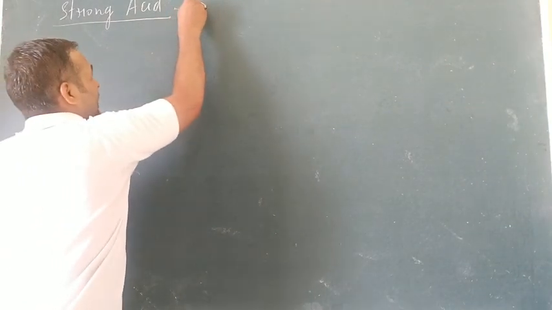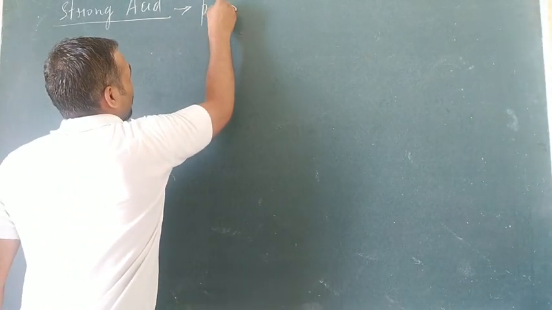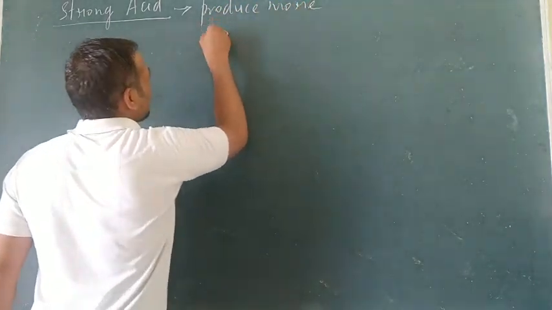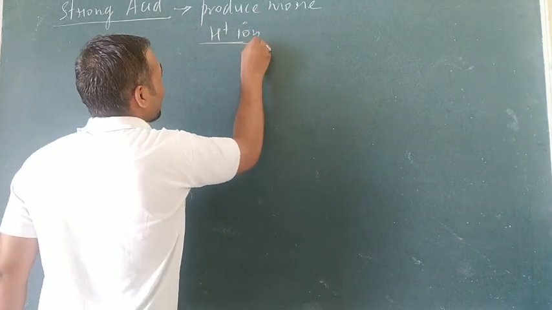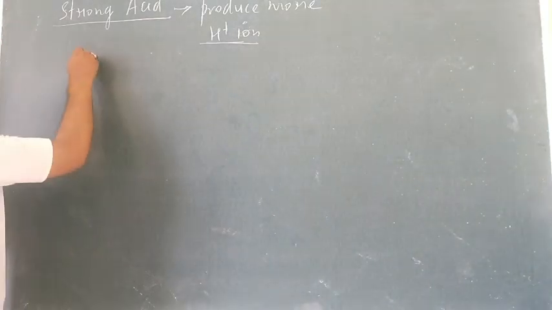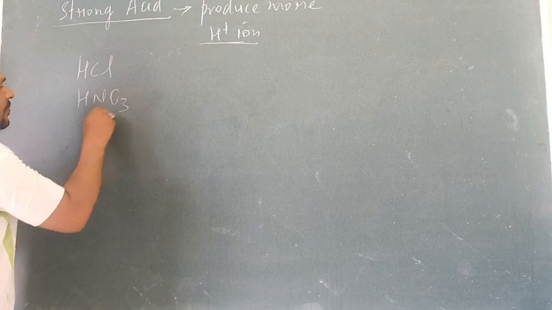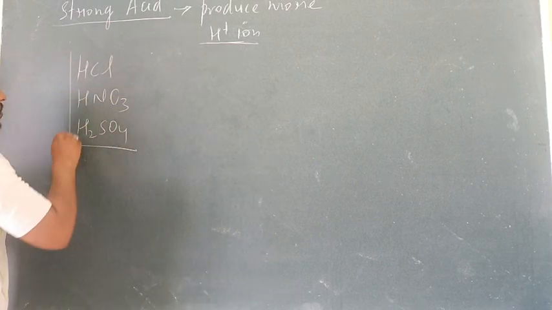It is the acid which produces more H plus ions, right? More H plus ions is said to be a strong acid. For example, HCl, HNO3, H2SO4. They are strong acids.